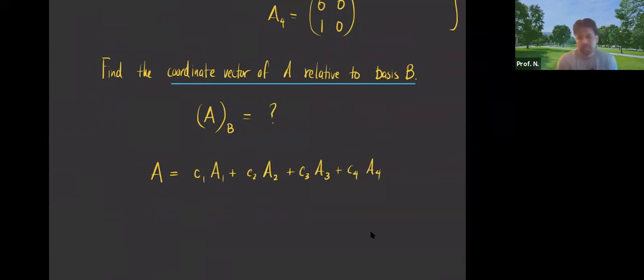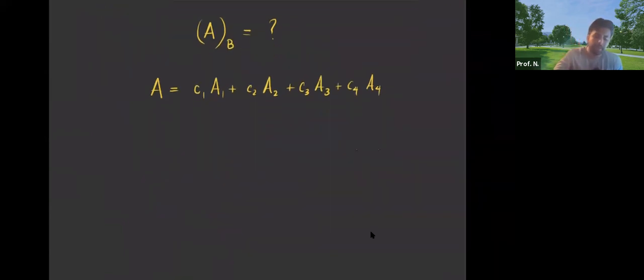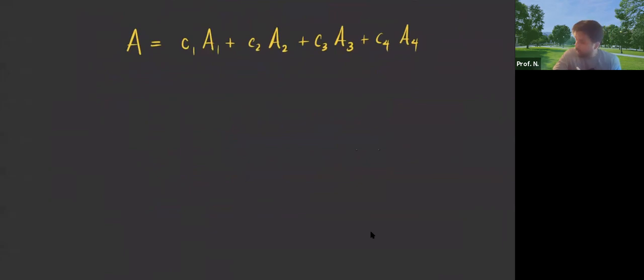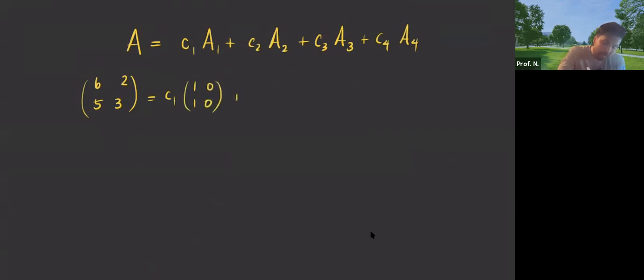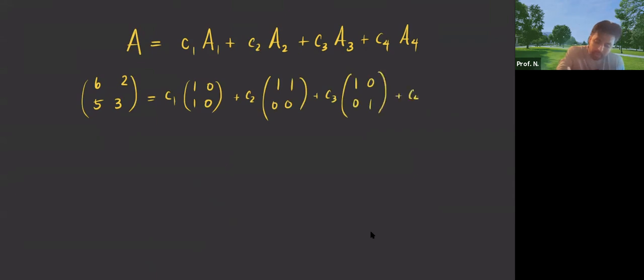But now the difference is what? These aren't polynomials, these are matrices. So what is A again? A is 6, 2, 5, 3 equals C1 times A1, which is 1, 0, 1, 0, plus C2 times 1, 1, 0, 0, plus C3 times 1, 0, 0, 1, plus C4 times 0, 0, 1, 0.